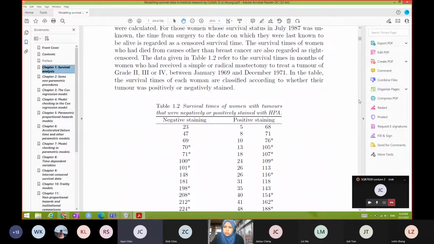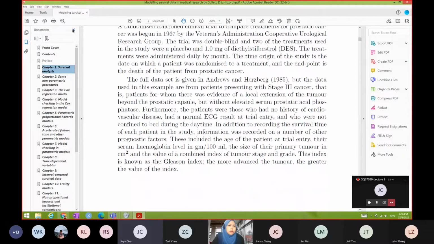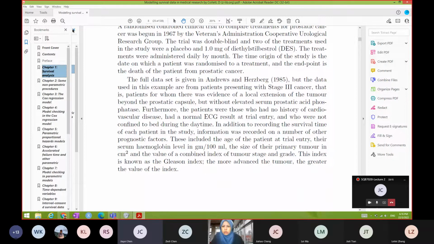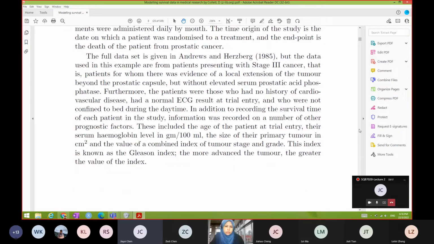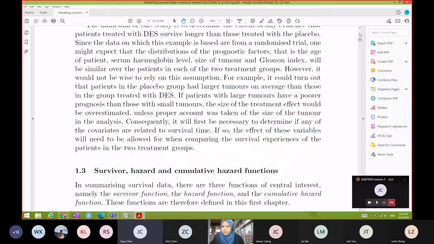Just close that bookmark, because I want everyone to see my screen.